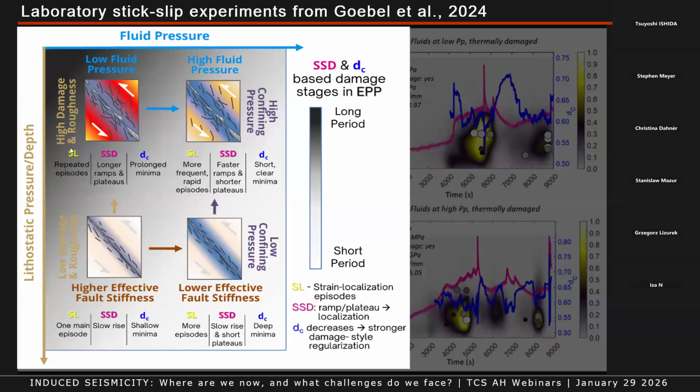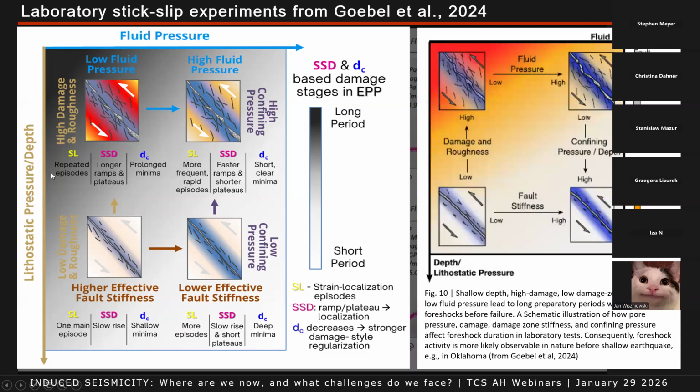We can observe very long preparatory processes with very clear strain hardening. So to summarize, exactly as observed by Thomas, for the same conditions, our preparatory processes identified by these 2 metrics, SSD and DC, are much longer than in other conditions.